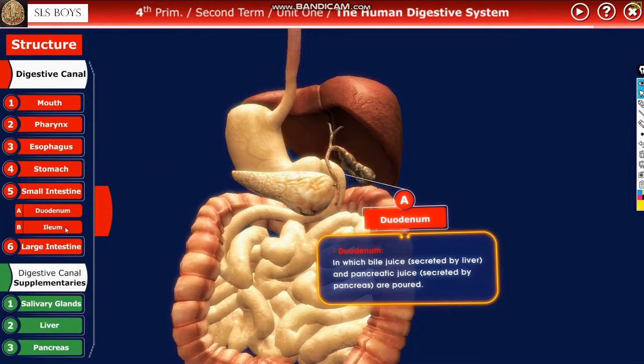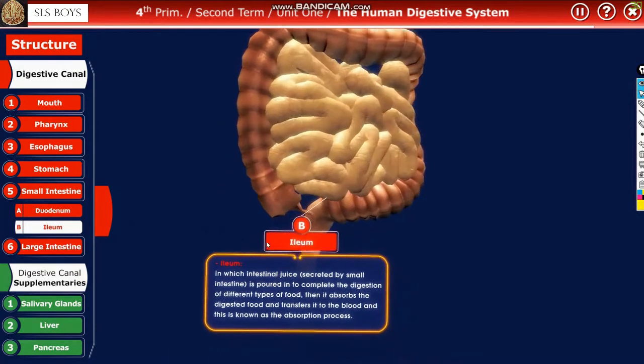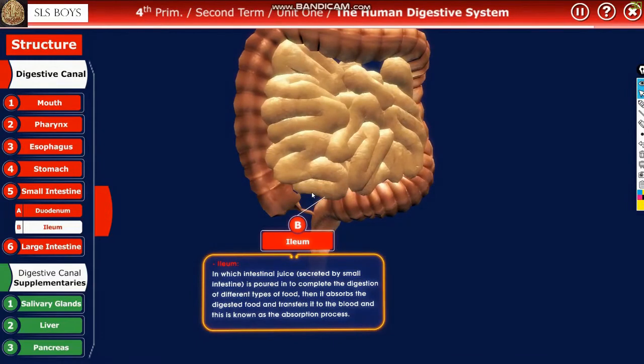What about the place of the ileum? So the ileum is the last part of the small intestine. In the ileum, intestinal juice secreted by the small intestine is poured in to complete the digestion of different types of food. Then it absorbs the digested food and transfers it to the blood, and this is known as the absorption process.